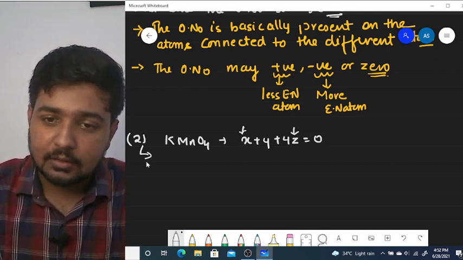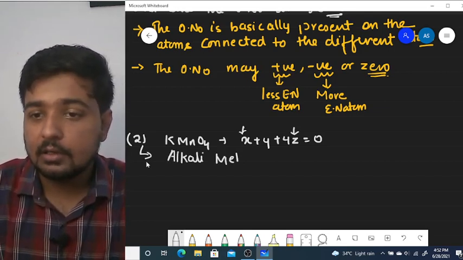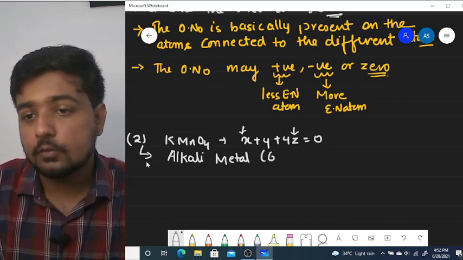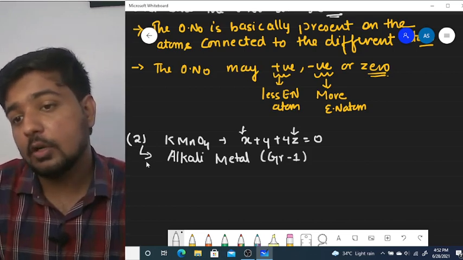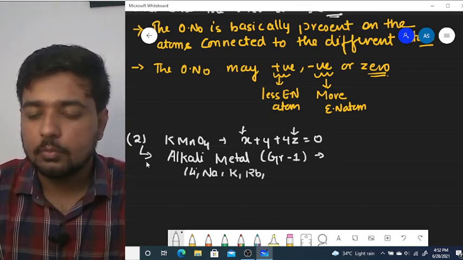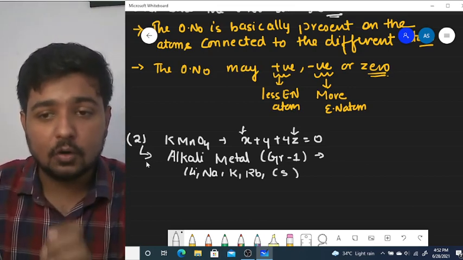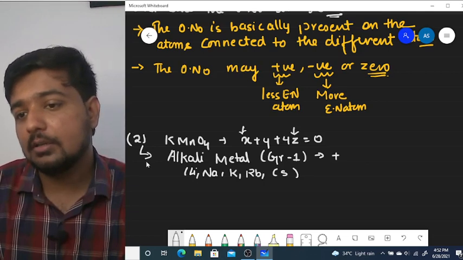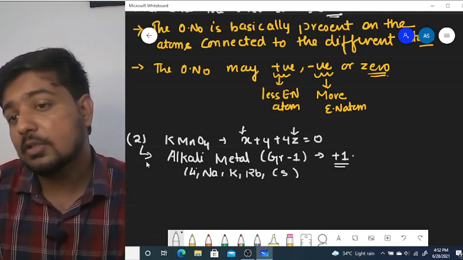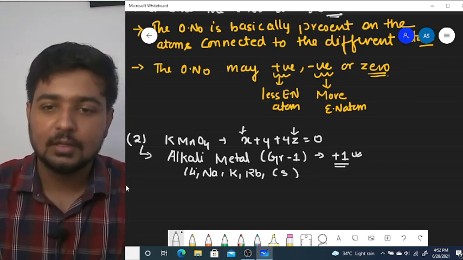Is it clear? Now the question is, what are the values and for which type of element were they given. Let us start with the alkali metals, that are the metals of group 1 in the periodic table. They are lithium, sodium, potassium, rubidium, cesium. What will be the oxidation number of these elements? That will be +1. You must consider them as +1.